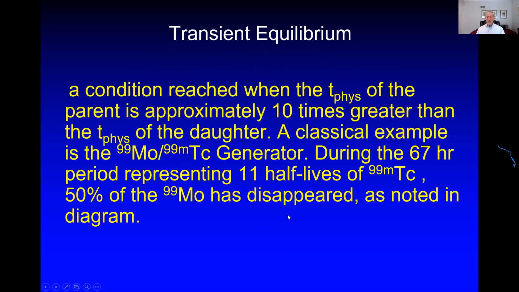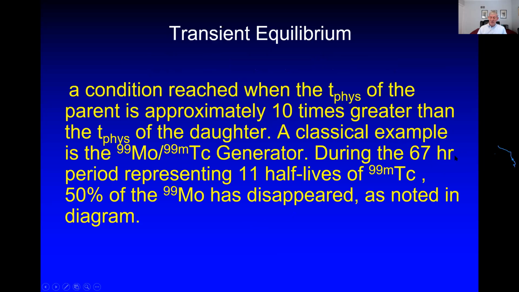Now, transient equilibrium is different because the ratio of half-life parent to daughter is around 10 to 1. Now, here's what that really means. 8 to 1, 10 to 1, 12 to 1. It does not mean 25 or 50 or 100 or 1,000. It means around 10 to 1. And what is the classical example? Look at the Molytech generator.